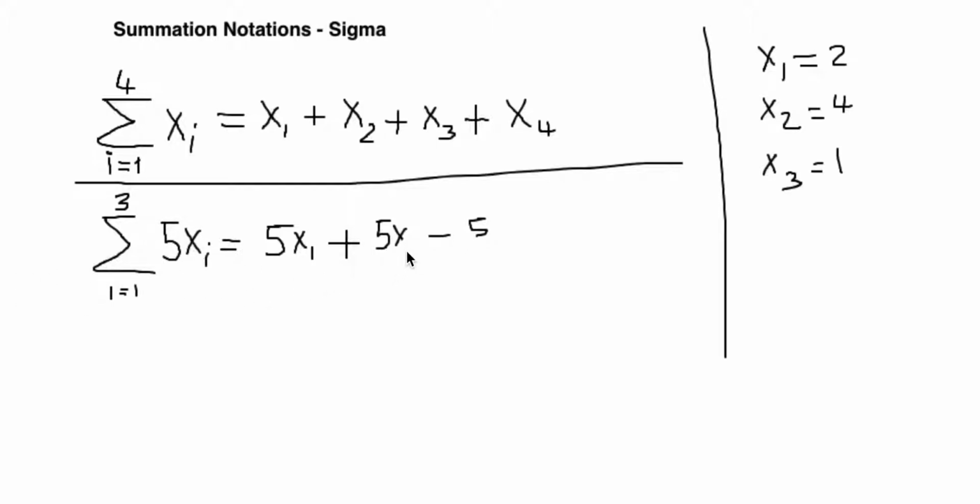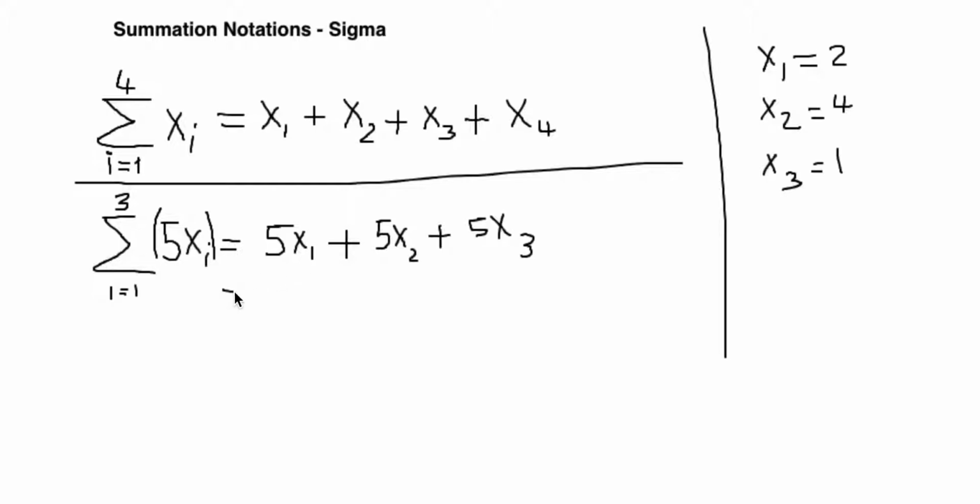So basically what we're doing now is, if you multiply the indexed variable x sub i by a constant, you just continue to do the same thing. So now the term is 5 times x sub i.